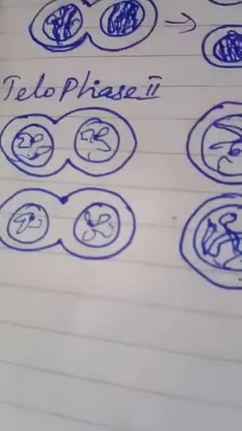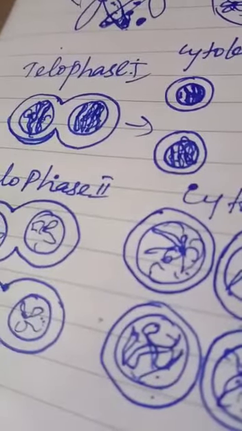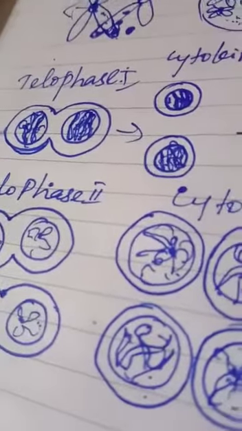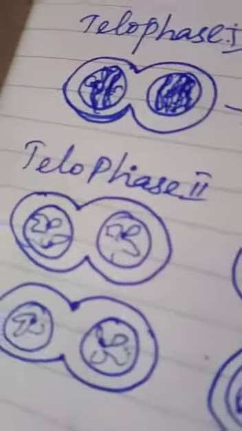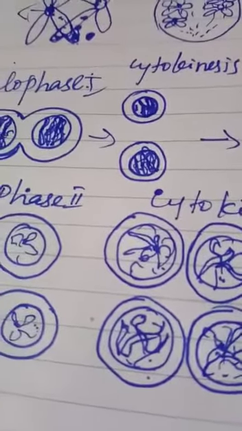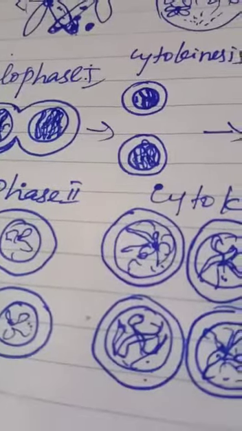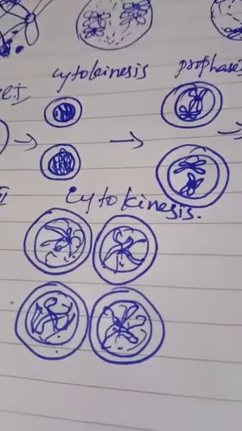Next we see the homotypic division. In this homotypic division, the two haploid cells formed in the first meiotic division divide into four haploid cells.